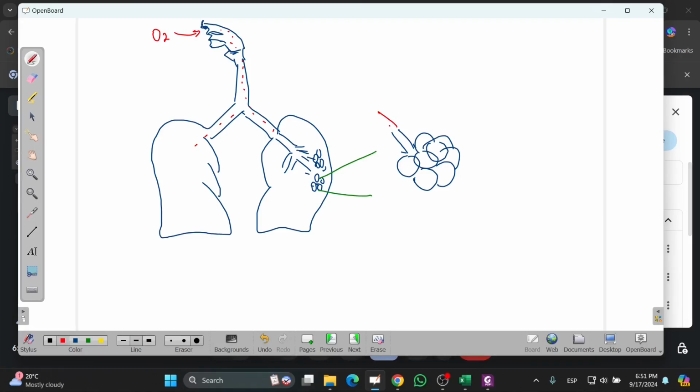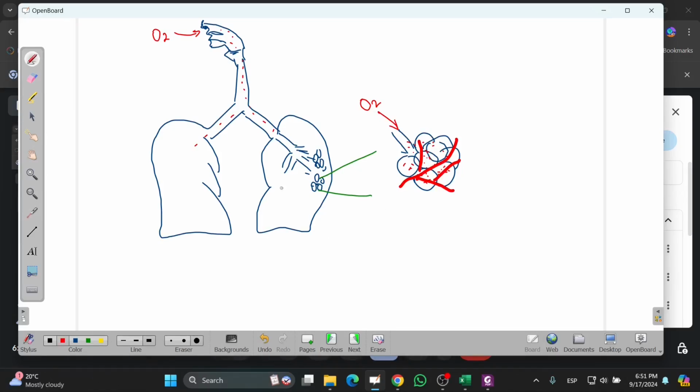And then the oxygen comes in. These tiny balloons will be filled with air, and then they are surrounded by blood capillaries, of course. You know what happens? Oxygen diffuses from the alveoli into the surrounding blood capillaries, and that makes the blood oxygenated.